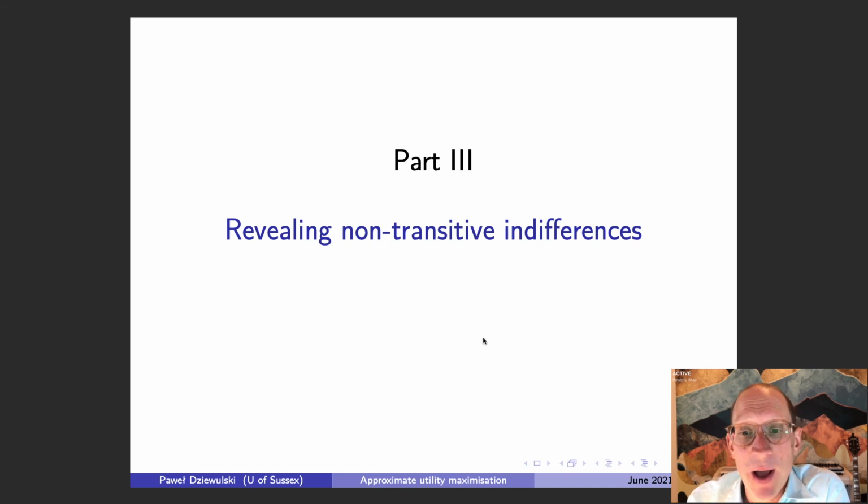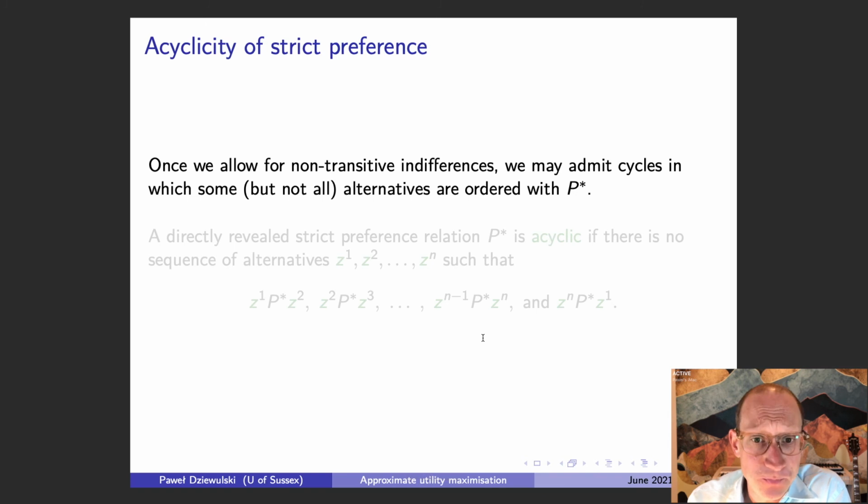What happens when you relax transitivity of indifferences is that now you can admit cycles in which some alternatives can be ordered with respect to P, but not all of them. If I have a cycle in which some alternatives are ordered with respect to the weak relation and some with respect to the strict relation, that's okay because I allow for indifferences to be non-transitive.